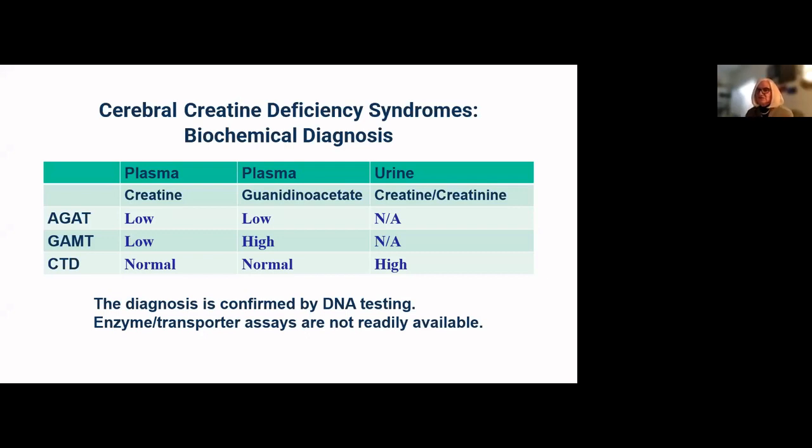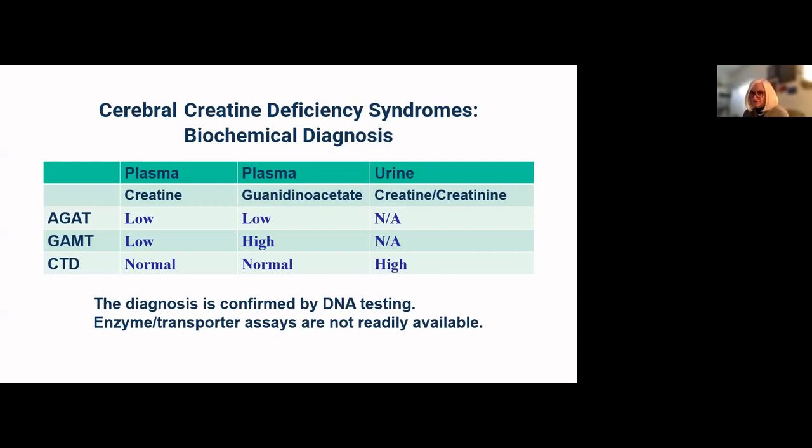If you are trying to identify a patient with cerebral creatine deficiency syndrome, you need to use both plasma and urine and measure creatine and guanidinoacetate in both specimen types. AGAT and GAMT deficiency are identified better with plasma. In both cases, you're going to see a very low creatine. In AGAT deficiency, guanidinoacetate is extremely low, in our experience undetectable. In GAMT deficiency, guanidinoacetate is very high.